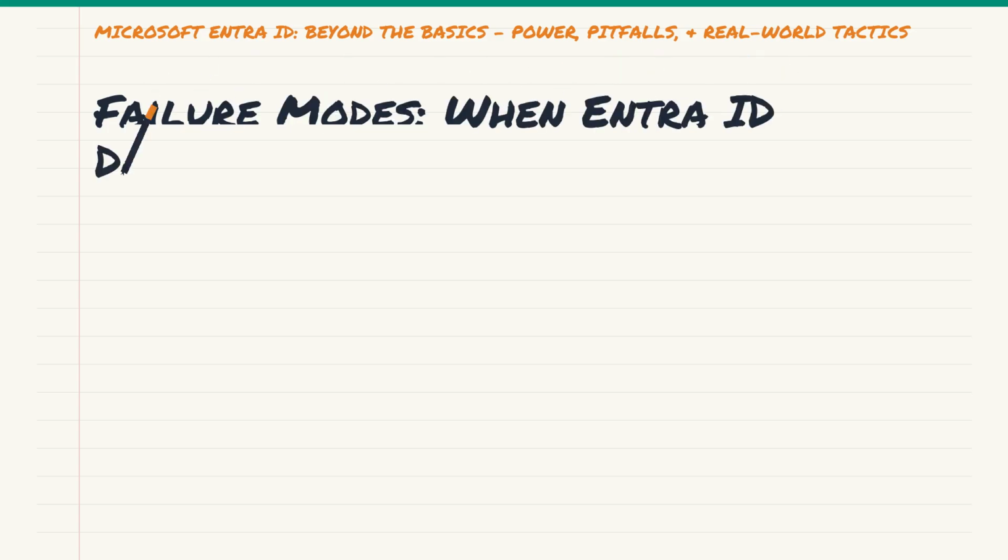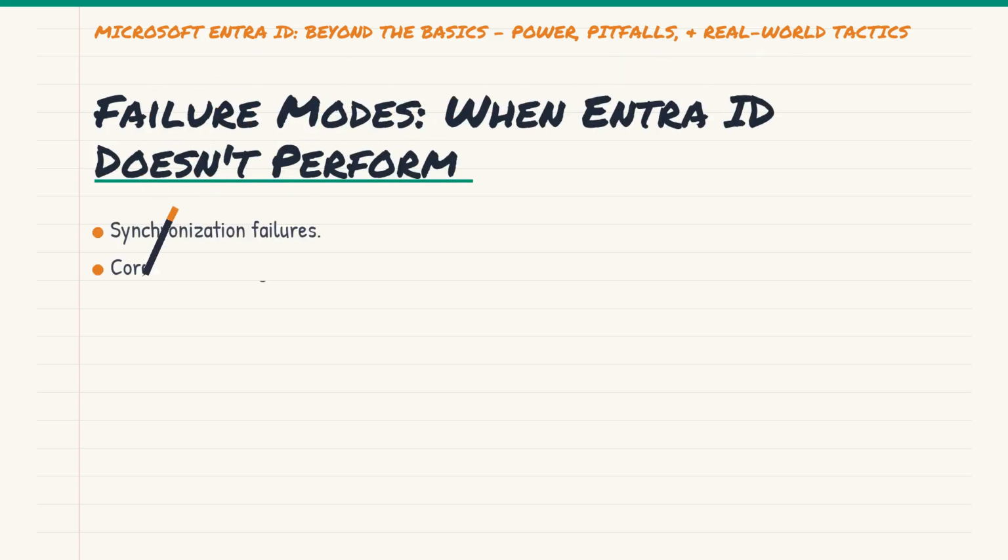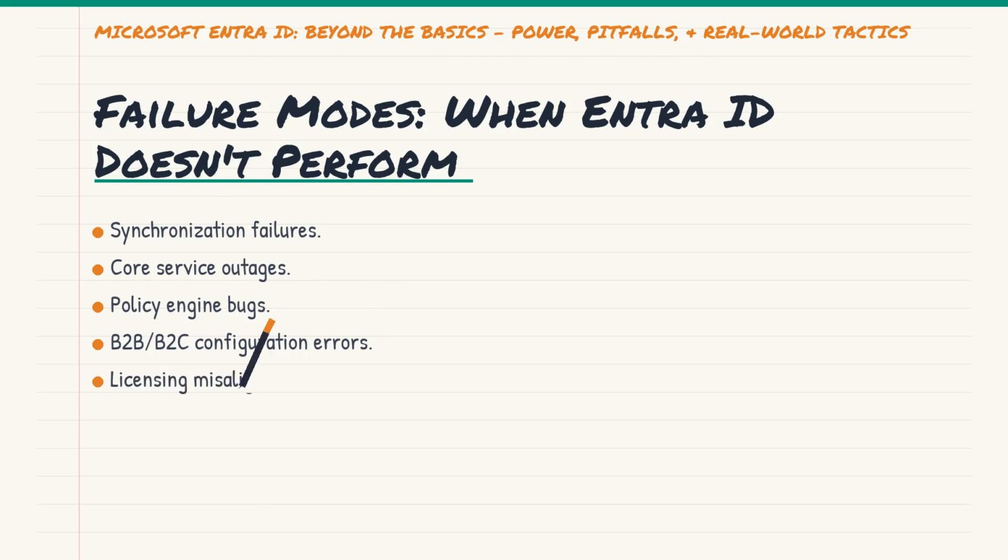What can go wrong with Entra ID itself? Not just attacks on it. Synchronization issues are a big one, users not appearing, group memberships being wrong. Service outages, though rare for the core identity services, can be catastrophic, blocking access for thousands. Policy engine glitches can lead to unintended access grants or denials.